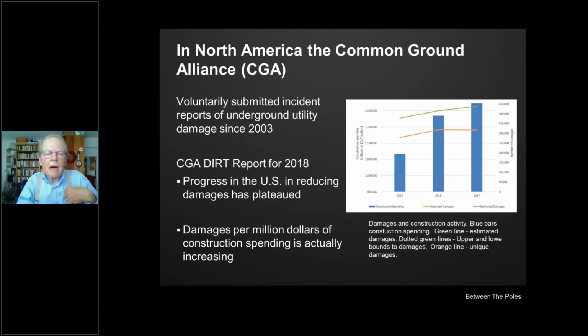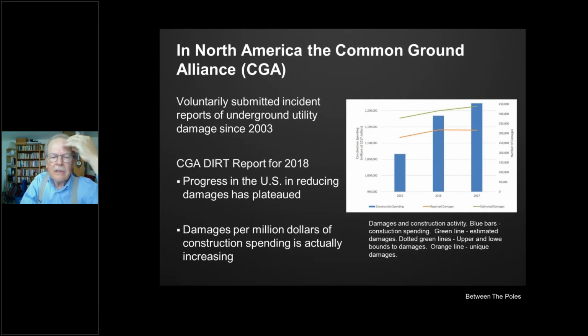The Common Ground Alliance is a voluntary organization, and they get about 400,000 submissions every year, and you can see it on this graph. If you can't see it very well, you can get this slide deck and look at it closer. But they estimate that the number of incidents, as I mentioned before, is somewhere between 400,000 and 800,000 per year.